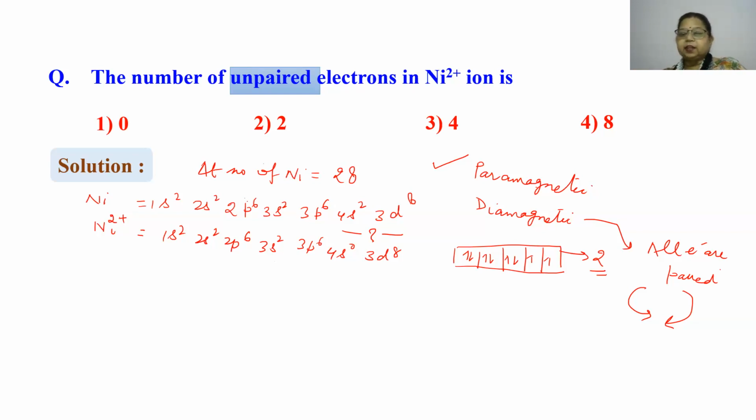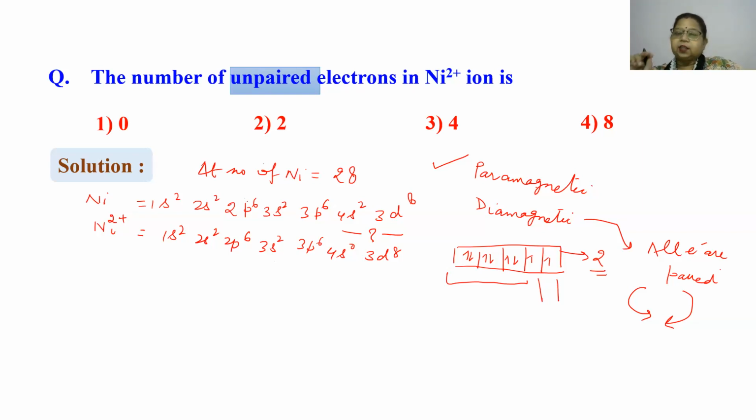In this case, the spins are being cancelled, but here you have unpaired electrons. That is why it is a paramagnetic compound or ion. Instead of nickel 2 plus, I can give you nickel sulfate or nickel chloride, anything.